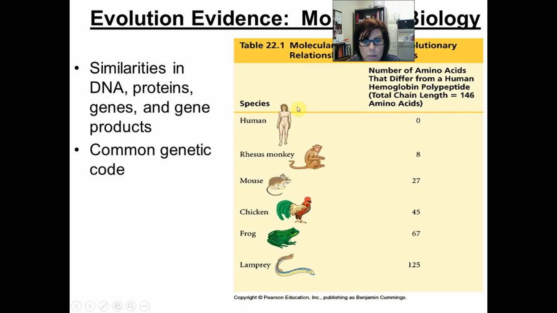So between a human and a frog, which is an amphibian, there are 67 amino acid differences in that total of 146. But when you compare that to a mouse, there's only 27. So that tells us that we are more closely related to a mouse than we are to a frog. Okay, so that's how we read the molecular evidence.